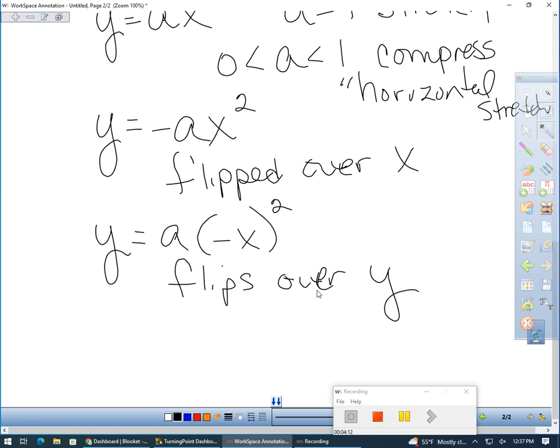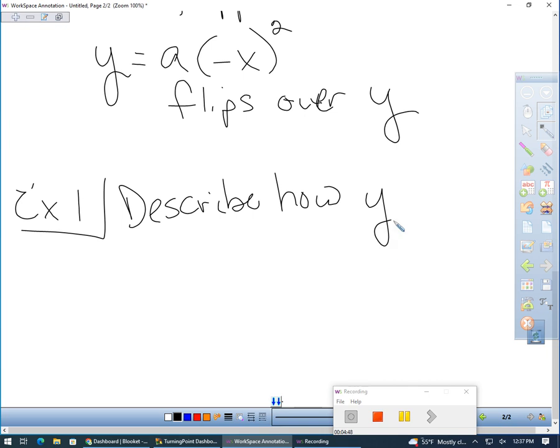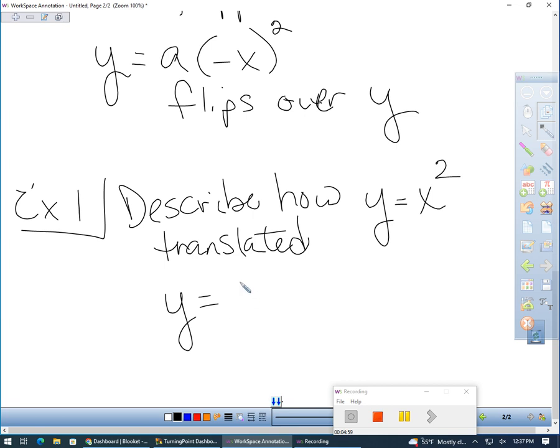So here is example number 1, all fitting in with this. Describe how y equals x squared is translated given y equals (x plus 2) squared minus 7.